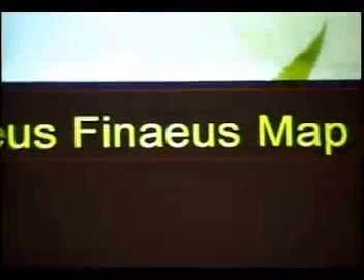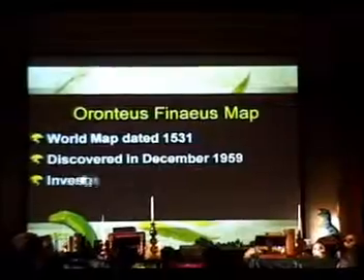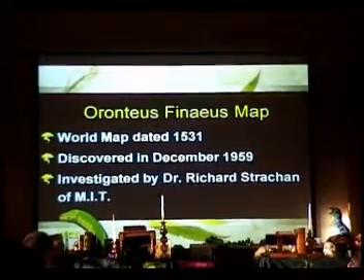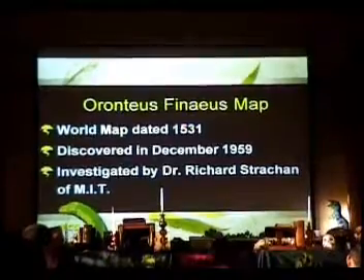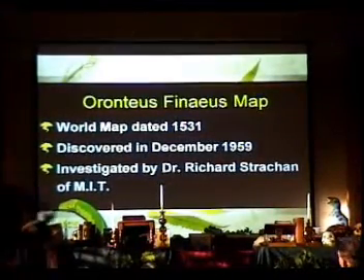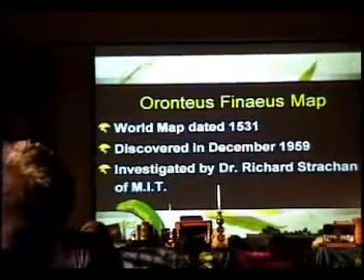Okay? Now, next. The Oronce Fine map. It's a world map dated 1531. Discovered in December 1959, Mr. Hapgood was up in the Library of Congress looking at old maps. He flips this over and he sees this map.